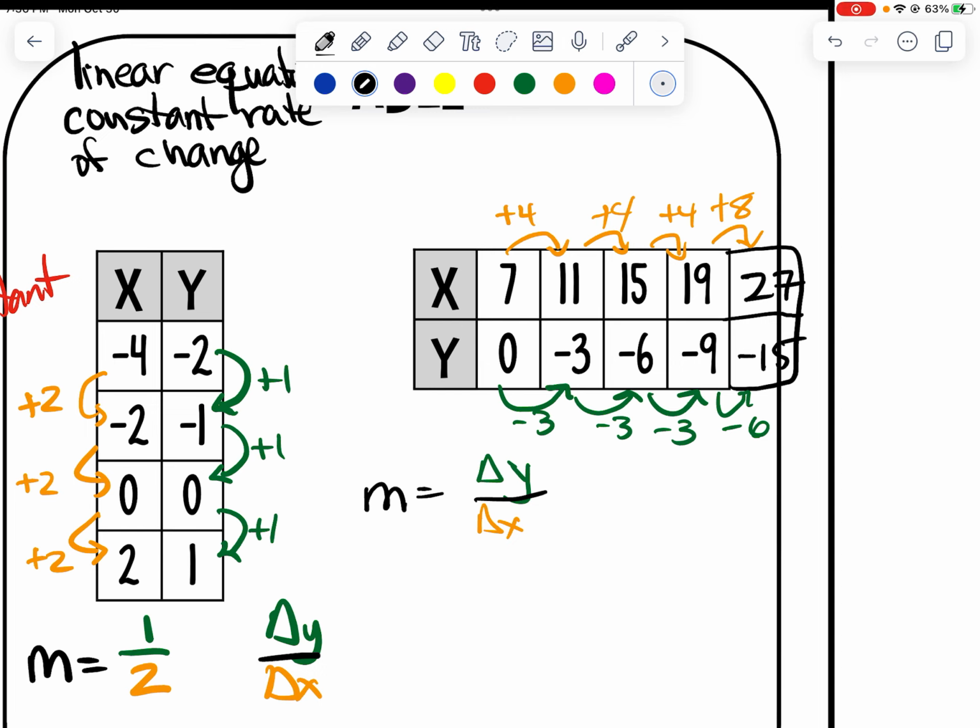Well, boys and girls, if I have 4 over negative 3, and if I look at this one off to the end over here, I did 8 over negative 6. Well, if I simplified that fraction, what would it simplify to? Well, 2 goes into both of those. That's a 4. And this is a negative 3. These two are exactly the same.